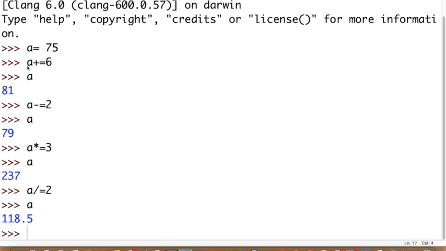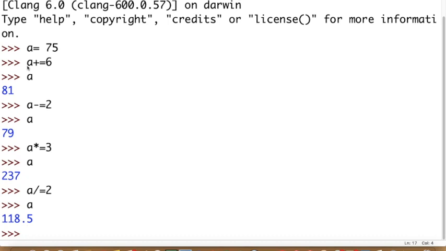So this step calculates the quotient of A by 2 and associates that value with A. The newer value of A becomes 118.5.